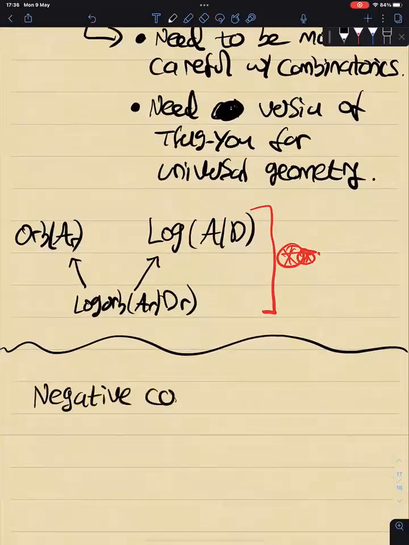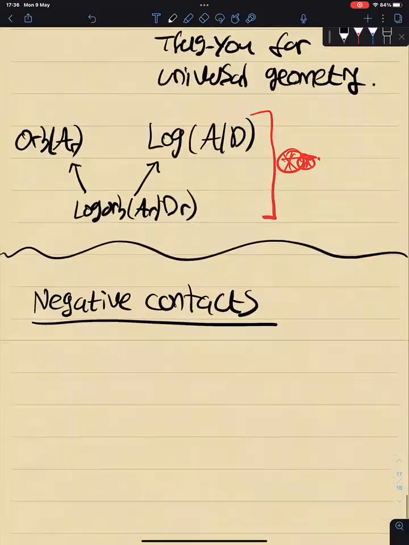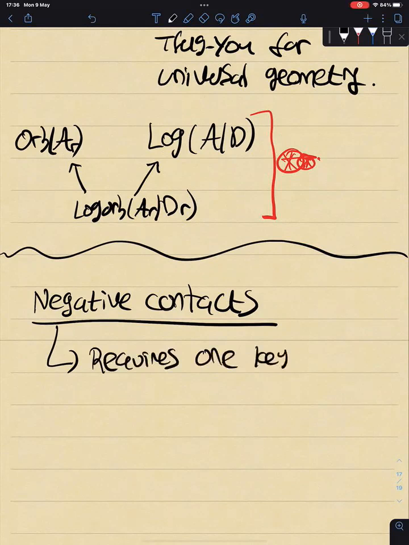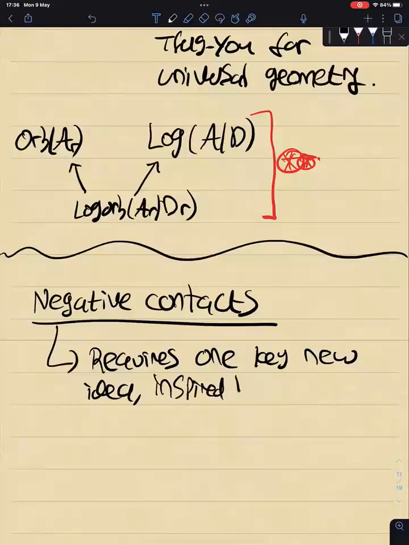The other thing that is upcoming, more work in preparation than work in progress, since we basically know how to do this now, is a version of this for these negative contact invariants. This requires basically one key new idea, which is really inspired by a paper of Fan, Wu, and Yu.